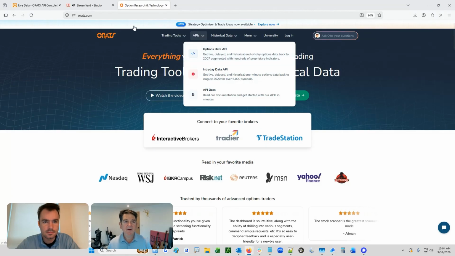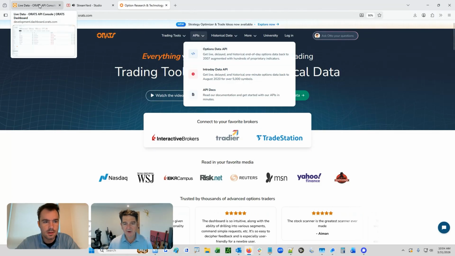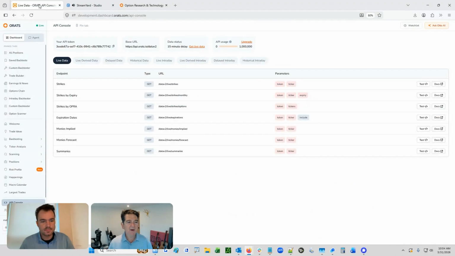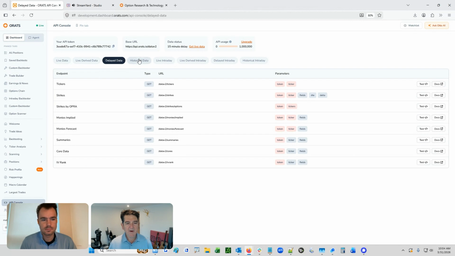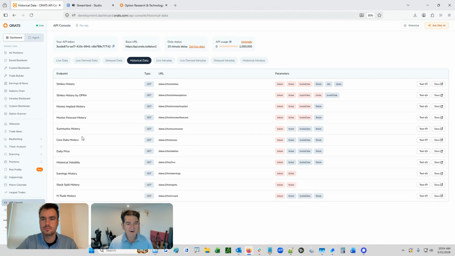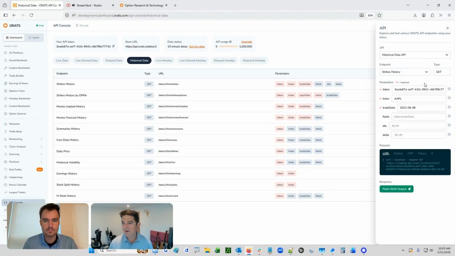As a matter of fact, if we go to the console, should we go to the console now, or anything else on the website? Yeah, let's go for it. So if you go to the console and look at delayed data or historical data, you could get strikes history and be able to say what the trade date is, and we give you the entire curl message or URL here.